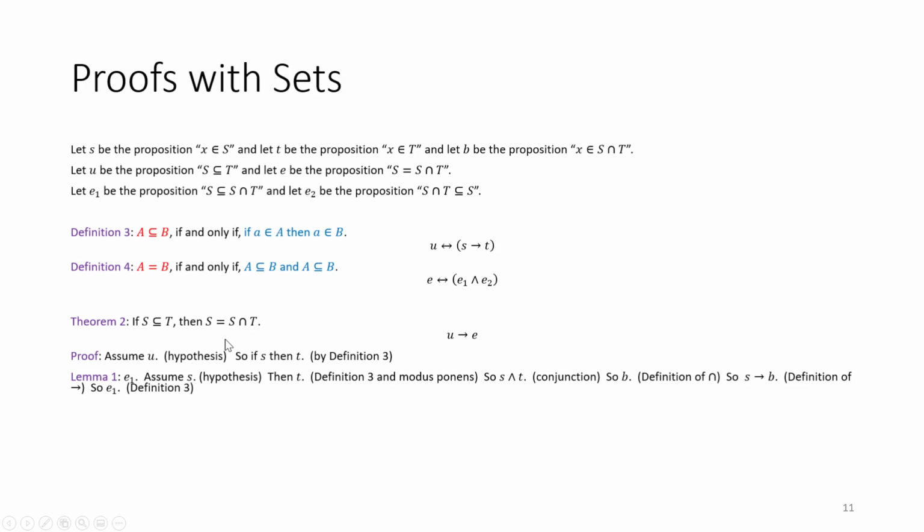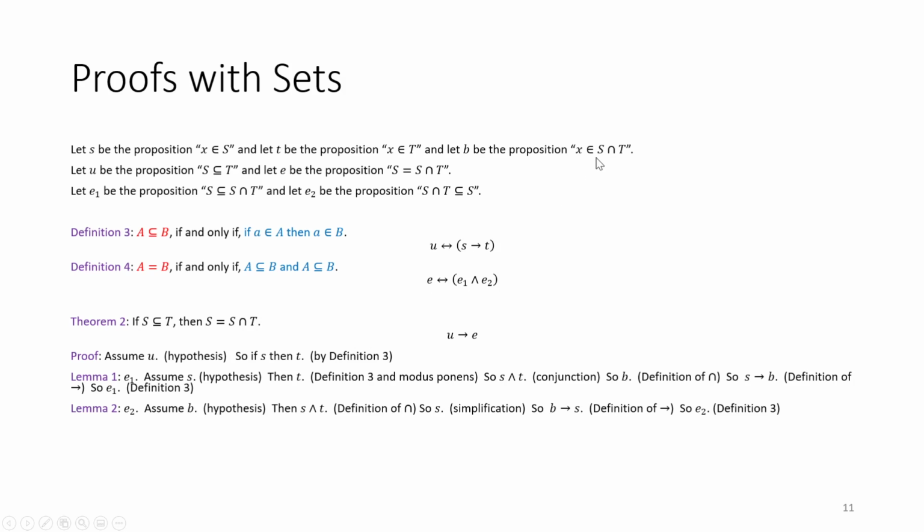Let's keep going. We'll codify now lemma 2. So lemma 2 was E2, right? The other direction. S intersect T is a subset of S. Okay, so that's what we're trying to prove. So now we're going the other direction, so we need to assume this. We need to assume that X is in S intersect T, so that's what we were calling the proposition B. So we'll assume B, again our hypothesis.